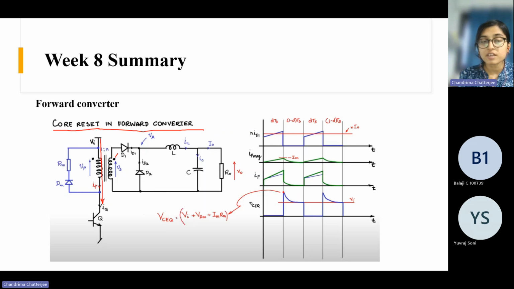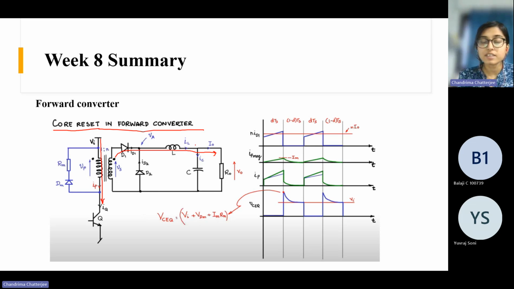The current is flowing like this to the load. So definitely there will be a load reflected current, and that will be similar to the inductor current here, but with multiplication of n, due to the transformer.